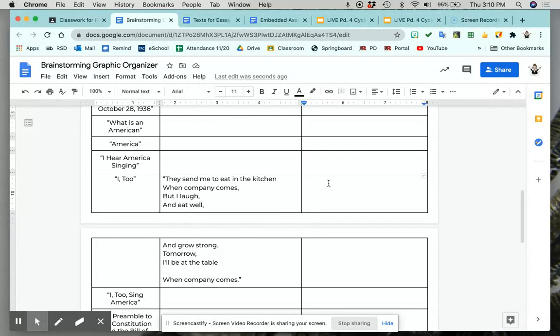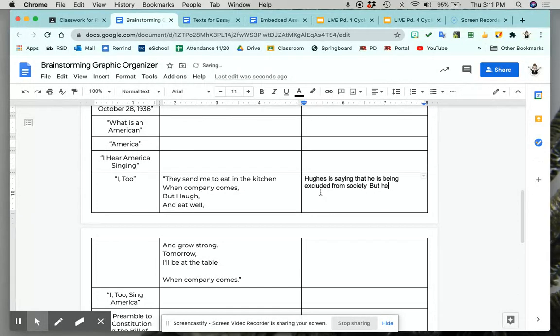The next thing I'm going to do is think about what exactly this quote is telling me and how that supports my definition of an American. So I might say Hughes is saying that he's being excluded from society, right? That's what he's saying with that image of they send me to eat in the kitchen when company comes.